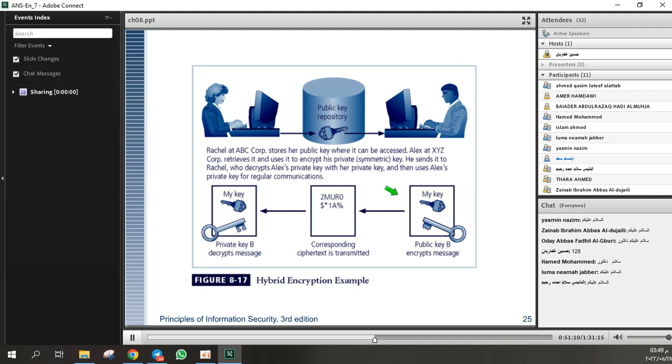This value is sent, for example, from Alex to Rachel or from Rachel to Alex. There is no difference between them. For example, here Alex encrypts the shared key with Rachel's public key, and Rachel can decrypt and extract the shared key using her own private key. And after that, they can communicate together over a secure channel using this shared key.